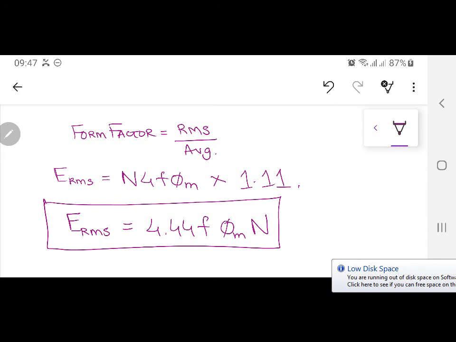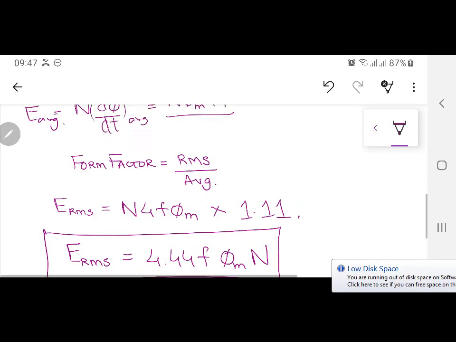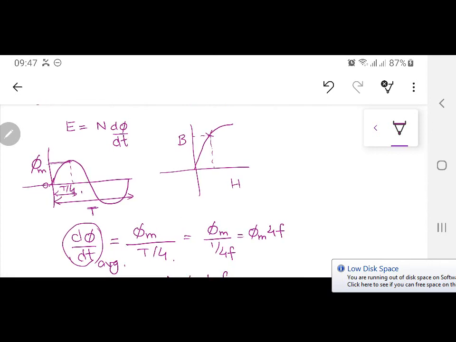So you have converted it, but again this is very important: this formula is based on just one simple assumption, that your flux was sinusoidal.